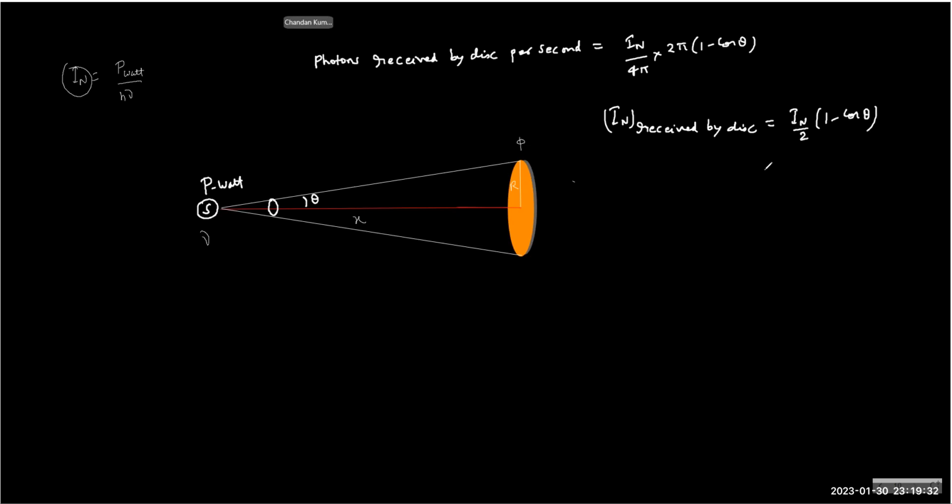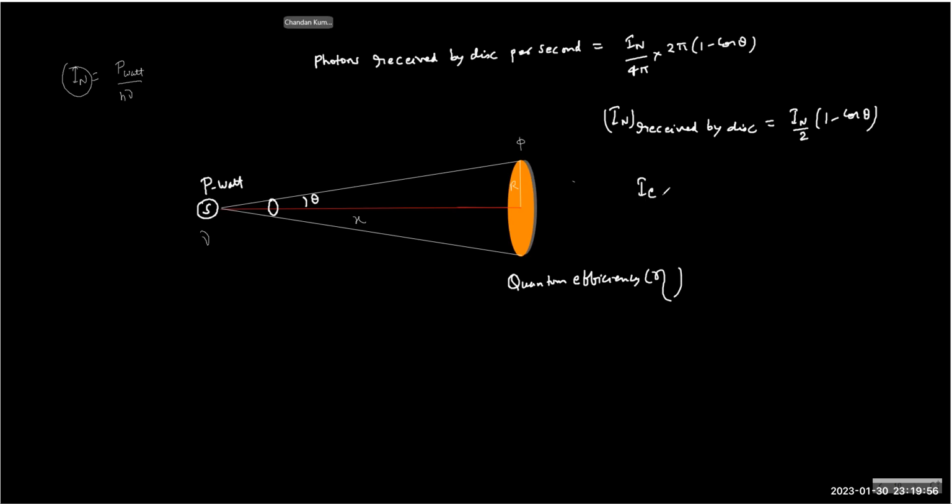Now if this is the number of photons which you receive per second, then how many photoelectrons will be emitted if the quantum efficiency is eta?